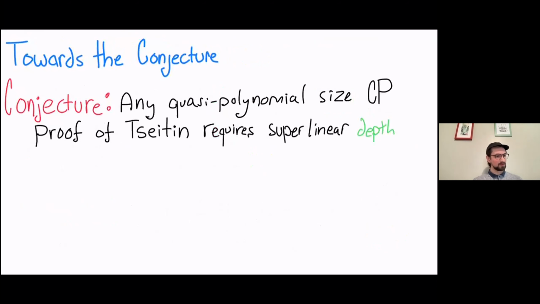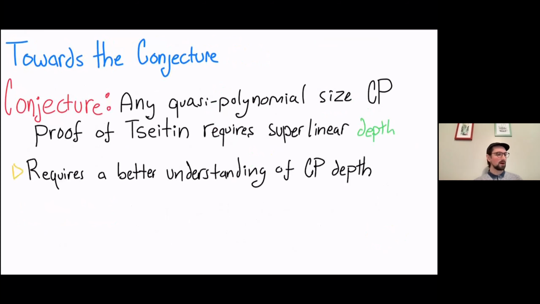Yeah, okay. And so the last part of the paper, we make some, well, we think it's progress towards this. It's hard to say exactly, but I think the result's interesting on its own. One of the problems is that we just need a better understanding of cutting planes depth in order to resolve this conjecture.